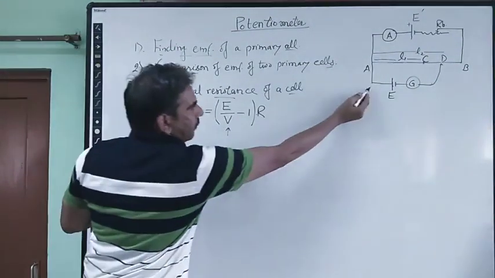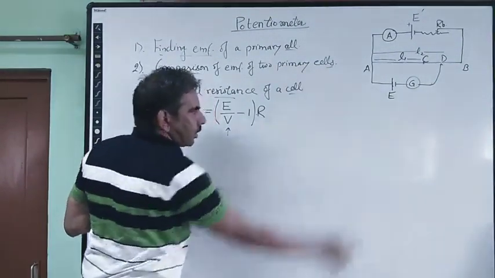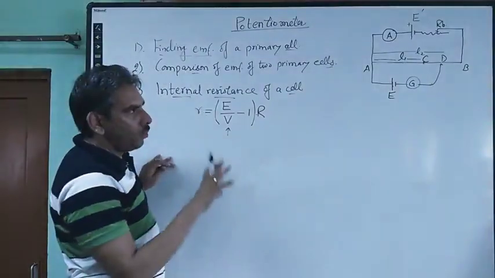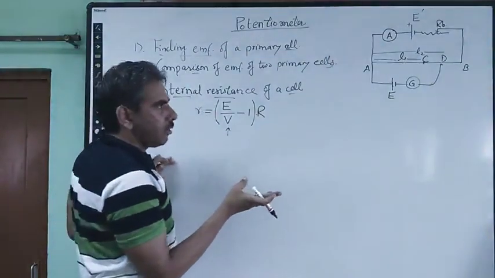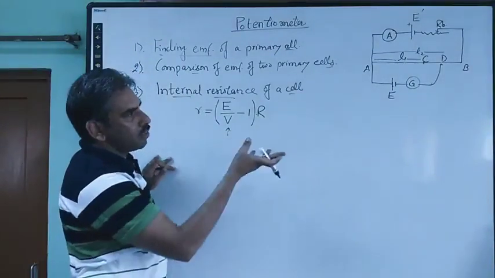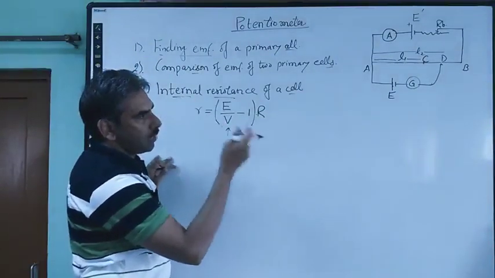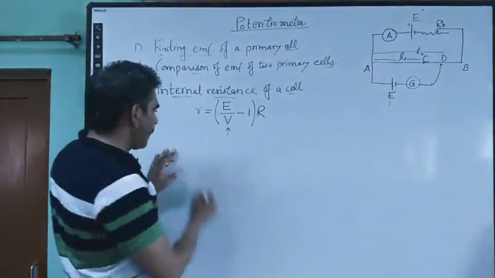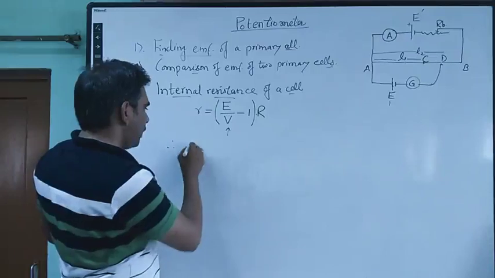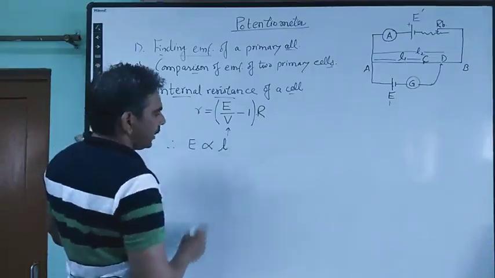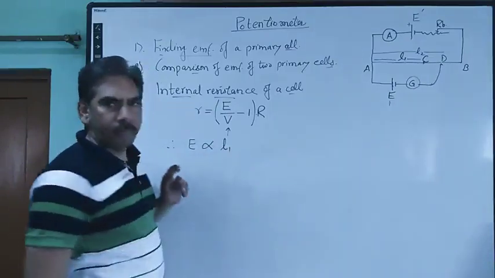We have not connected any other component to the primary cell, so there is no element which can draw current from the cell. Hence, in that situation, the potential difference across the two terminals of the cell is called the EMF of the cell. So by the potentiometer, the EMF of the cell comes out proportional to its balancing length. Let it be called L1.